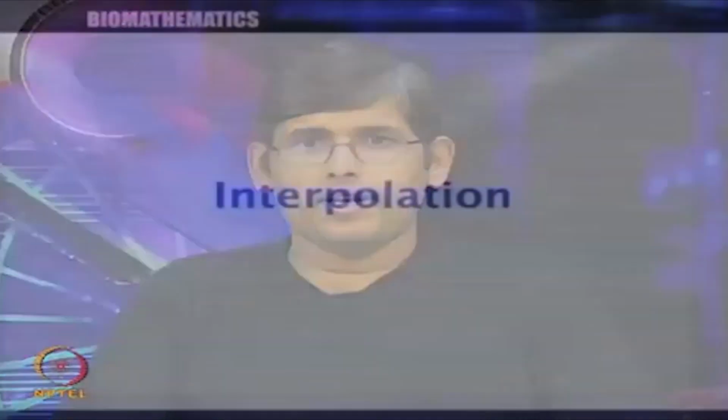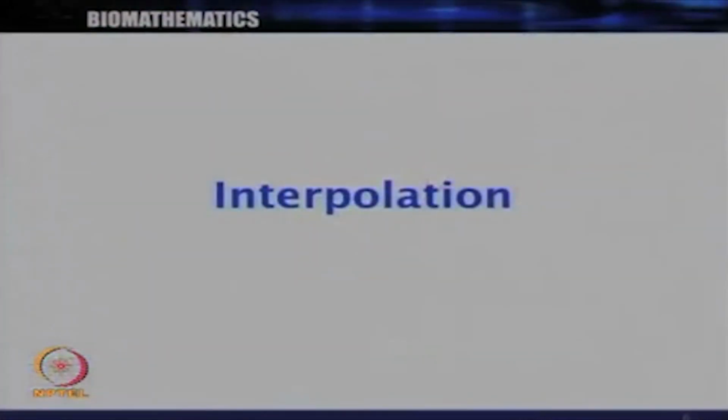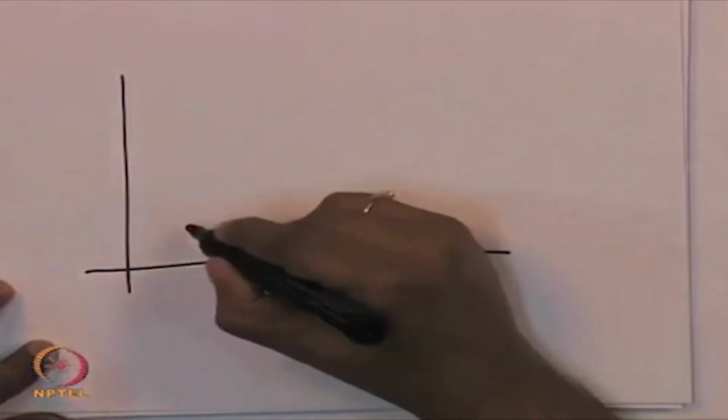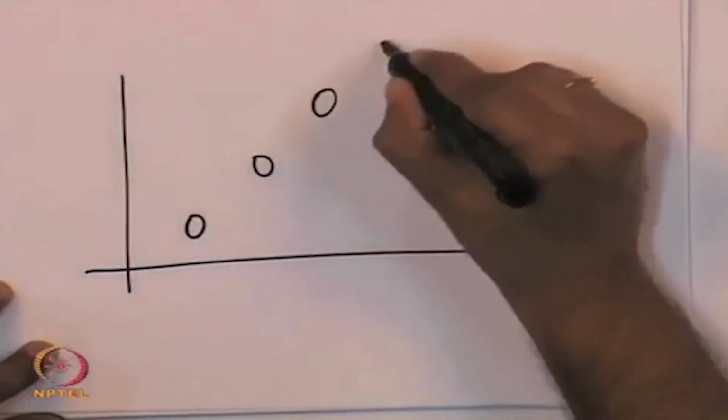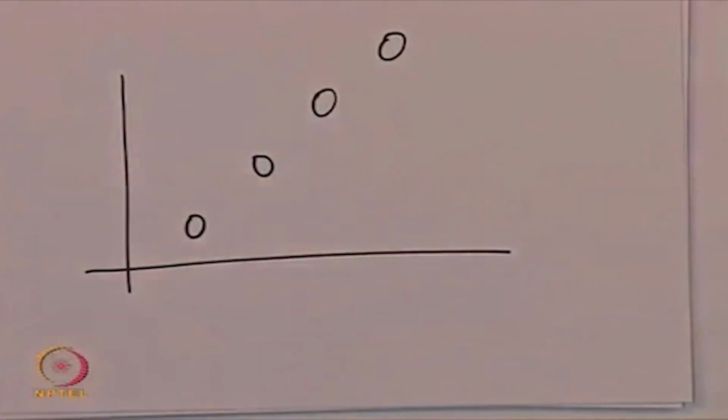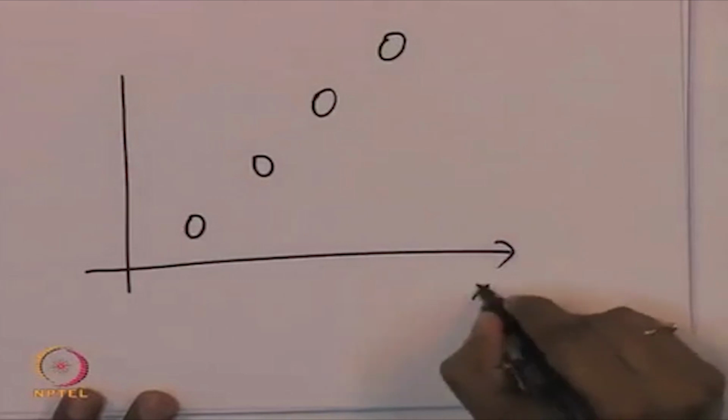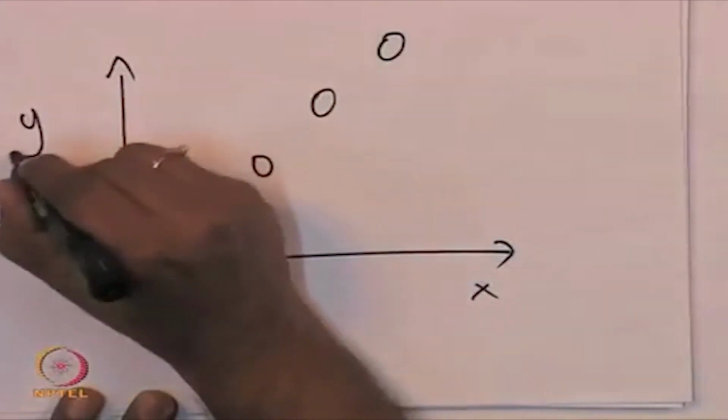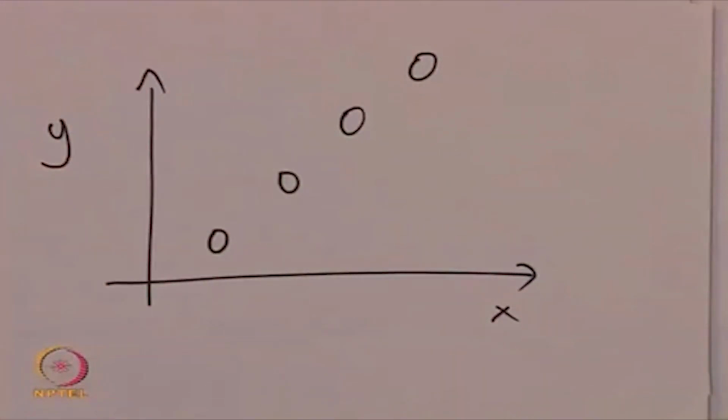Okay, so now another question will be something like interpolation. What it means, there are various interpolation methods. Let us do a simple thing. Let us say you have a graph and you have a function here and you have data points like this. You have an x and you have y, y of x.